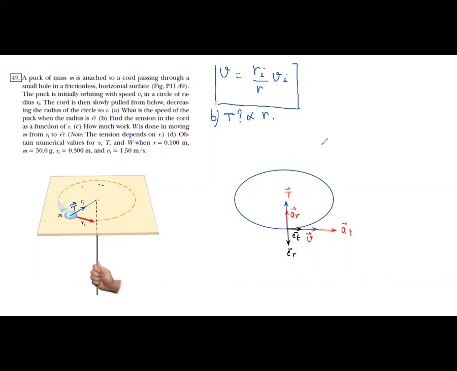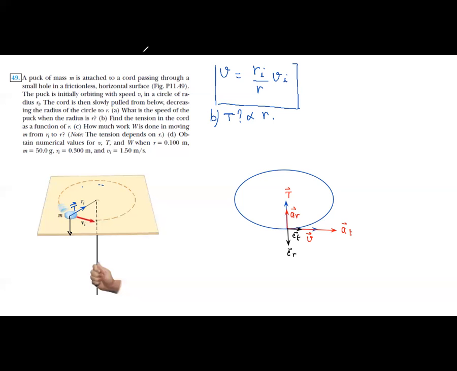We can apply Newton's law. What we have: mg down, and up we have N. It's not in the direction of E tangent and E normal.